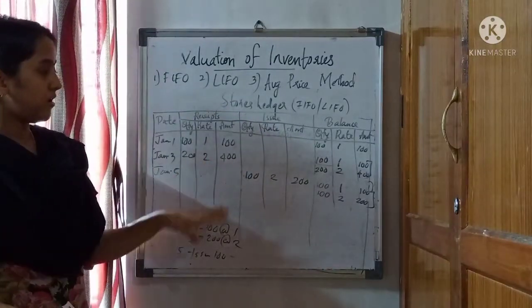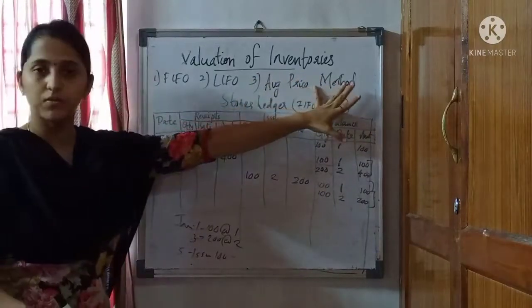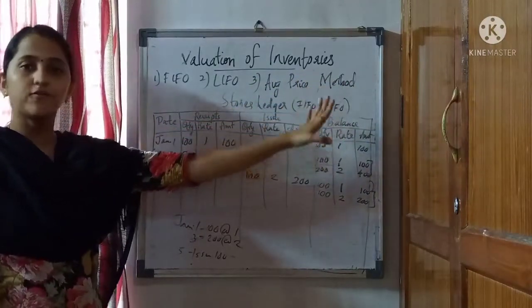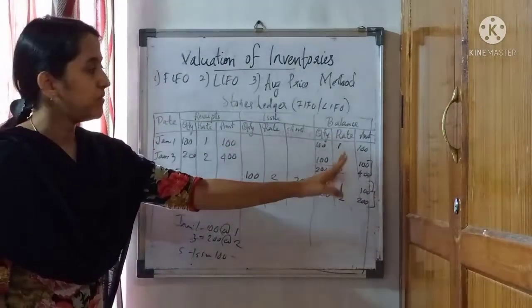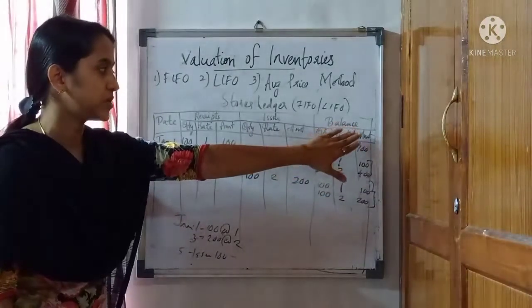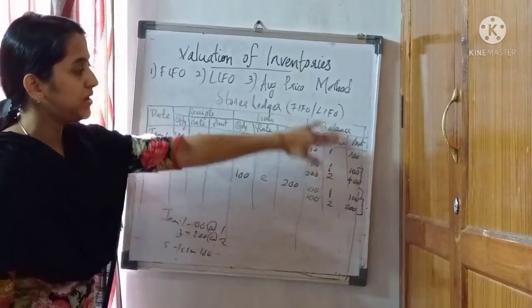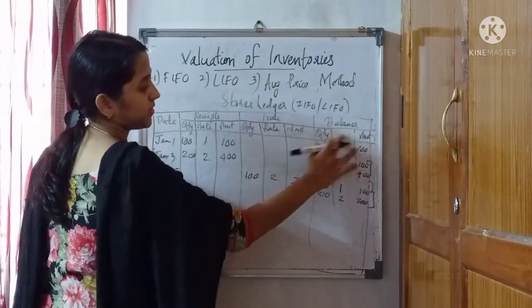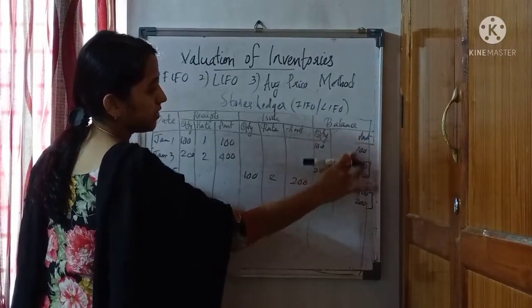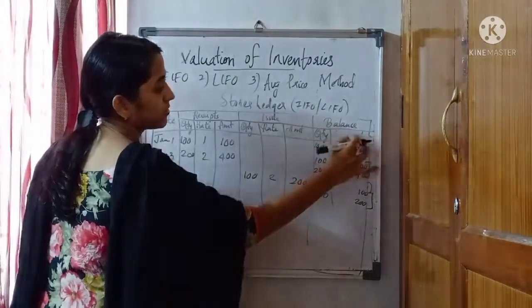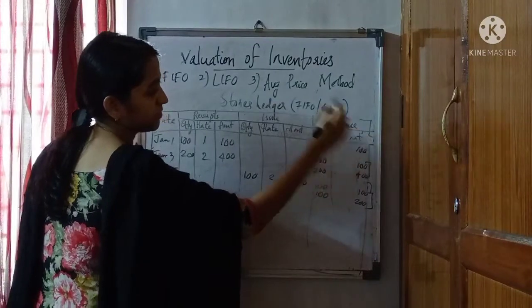And then another thing is average price method. The only difference in average price method is that in the balance column we should not write the rate column, just quantity and amount is enough. Only two columns should be there under average price method.